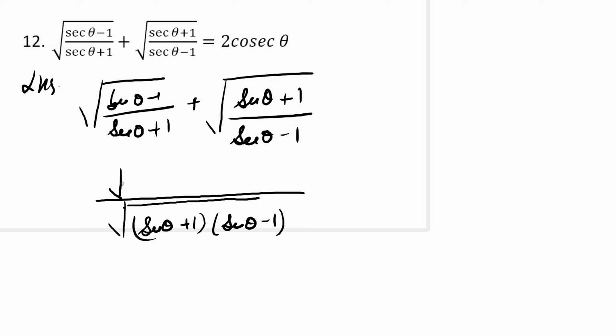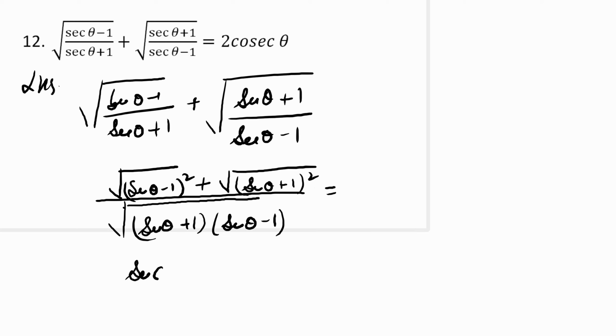Now we will have to multiply the numerator here by sec theta minus 1. So it will become sec theta minus 1 whole square plus under root sec theta plus 1 whole square. So this will become what? This whole square and under root will cancel out.